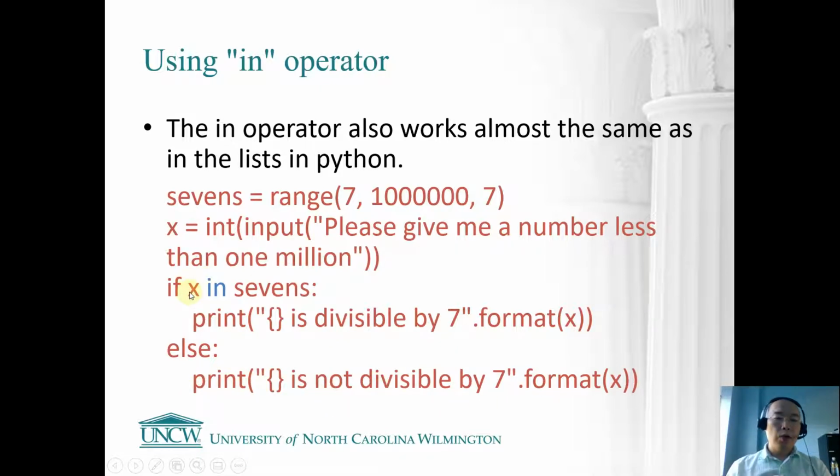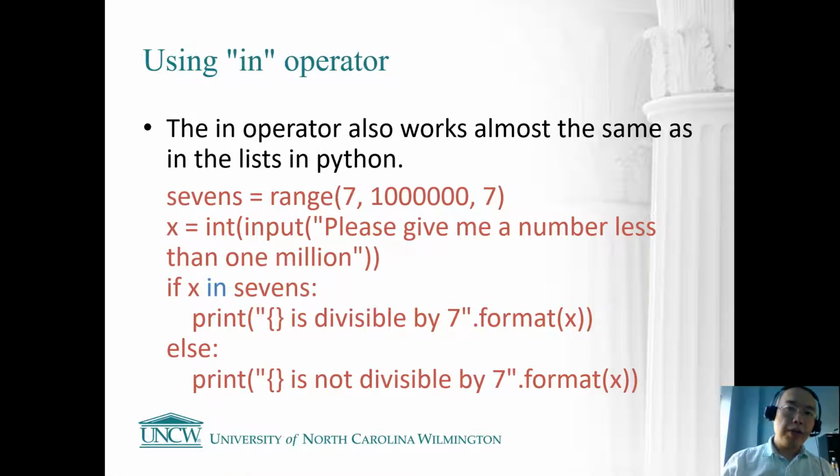So how do we check whether this number is evenly divisible by 7 or not? We can do x in sevens, and this sevens is a range of all the possible integers which are evenly divisible by 7 and lower than 1 million. So we can check whether such a value is a member of a range as well.